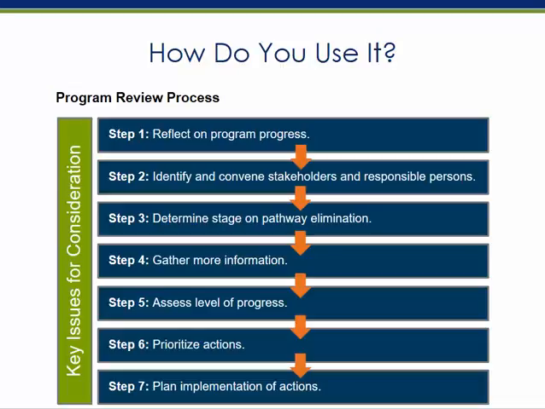Now, a few things about the review. 1, it can extend over time periods. For example, annual program reviews may span 3 to 4 months, while policy reviews can take a year or more because of the various approvals and validations involved. 2, regardless of the time frame, the tools can be used to support the process. 3, your review can also build on past and current activities, such as existing annual work plans, national strategies, and progress reports.